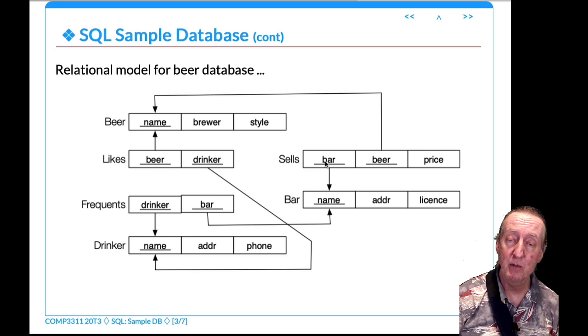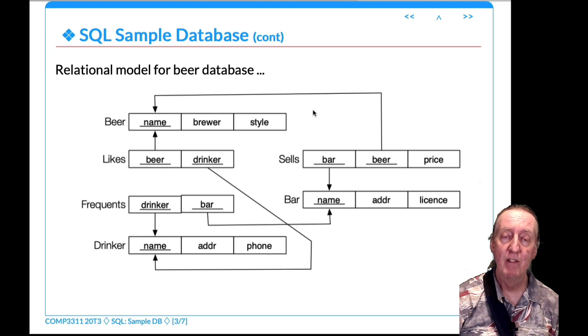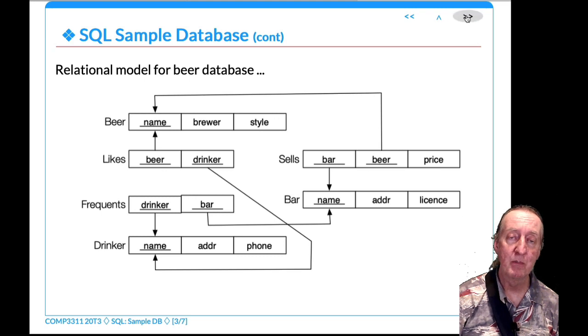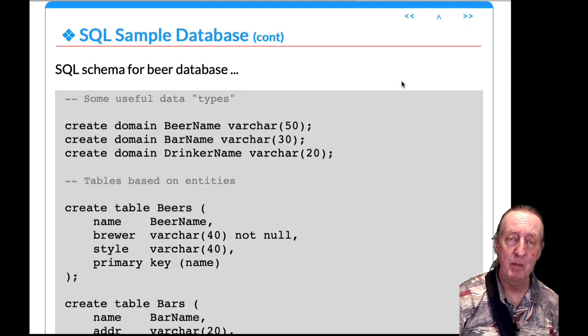It relates a beer to a bar, but also specifies the price of that beer at that bar, which of course is the thing that allows different bars to sell beers for different prices. Alright, bar, drinker and beer are pretty much a very straightforward mapping. So these extra tables are mappings of the many-to-many relationships in the ER schema.